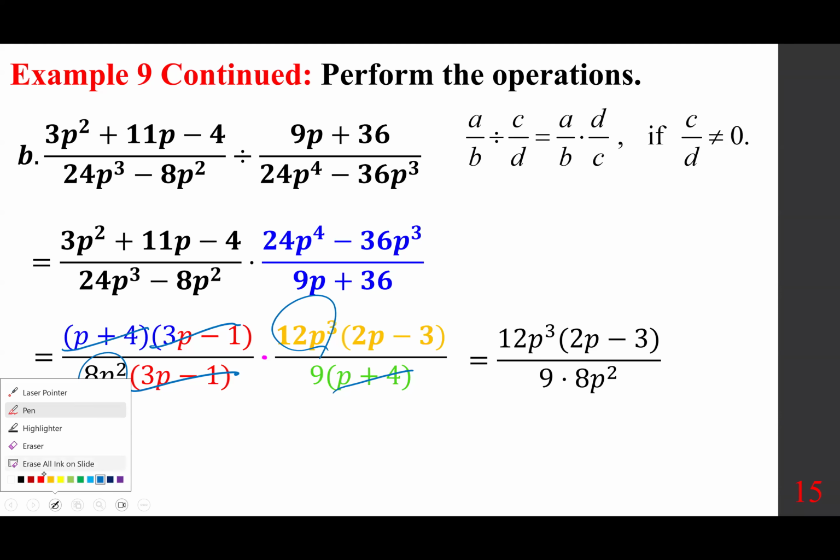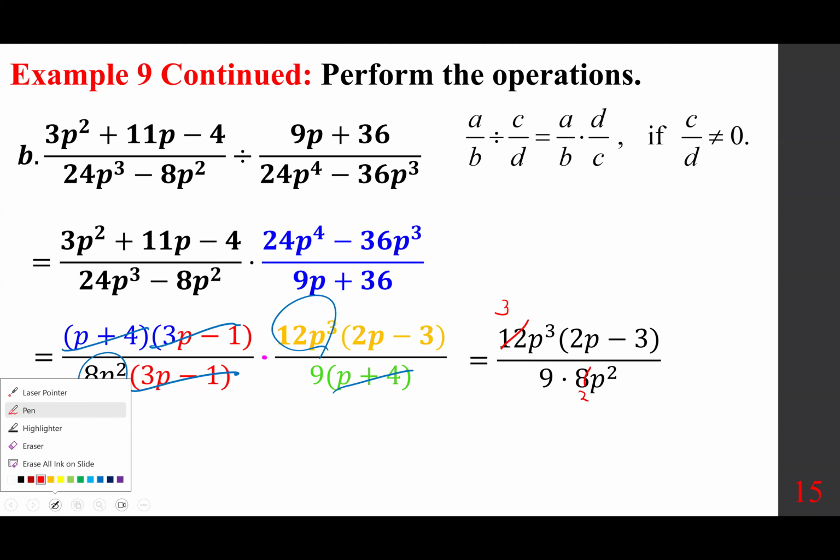And now we can do this. We say 12 and 8 cancel each other. This becomes 2 times 4. This becomes 3 times 4.